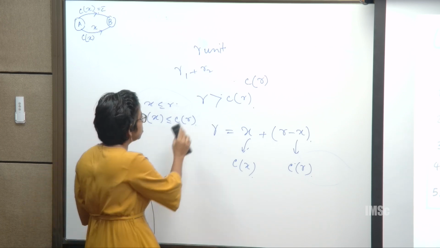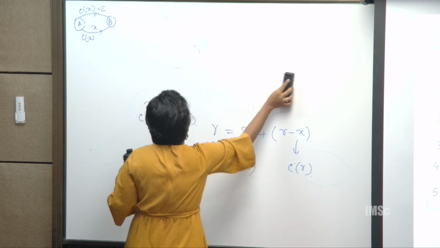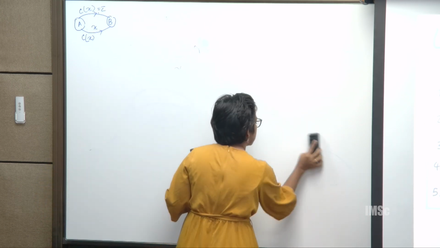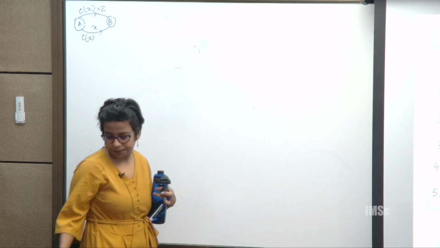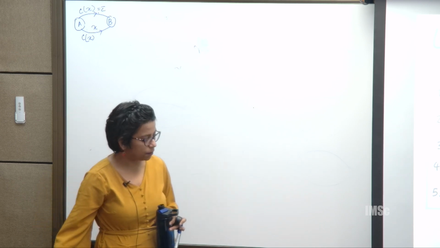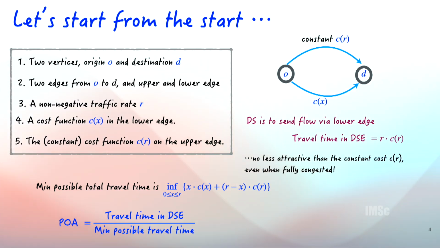Just keep these things in mind. I have to clear up a bit of space so that I can draw right here. Now, what should be the price of anarchy? Same thing, just apply the formula: the dominant strategy outcome divided by this infimum quantity, which then becomes a supremum.